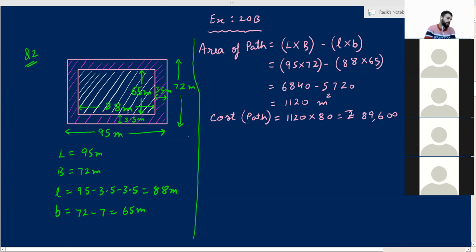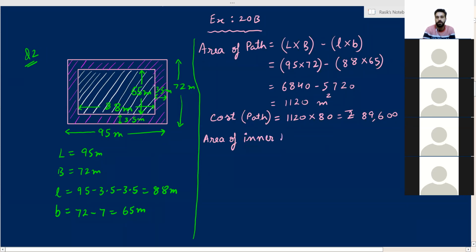Now, one more thing we have to find in this question, that is cost of laying down the grass. Grass is to be laid in the inner rectangle. Look at the white portion. White portion is what? White portion is the inner rectangle, the smaller one. So on this portion, we have to lay down the grass. So we will find the area of the inner rectangle.